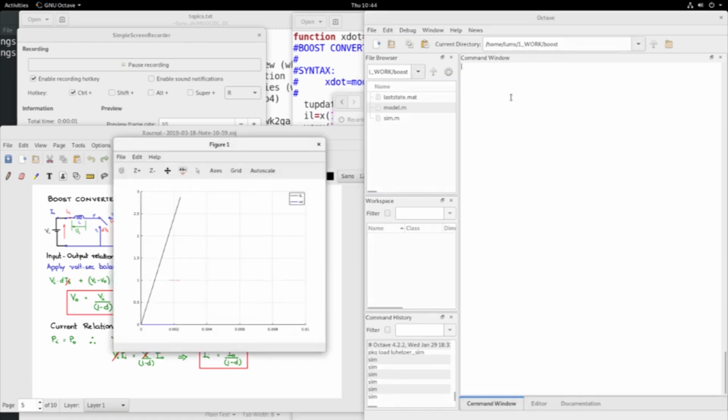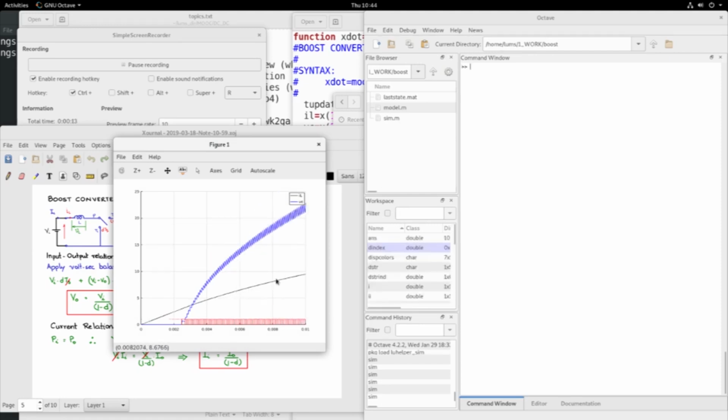Let me execute the sim file. So executing the sim, you see the plots being displayed. The one in blue is the output voltage, and the one in red here are the pulse width modulated pulses, and the one in black here is the inductor current. And obviously you see here that at the end of 10 milliseconds steady state is not reached.